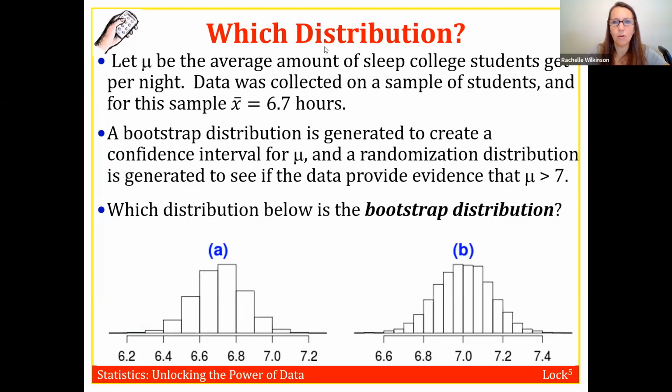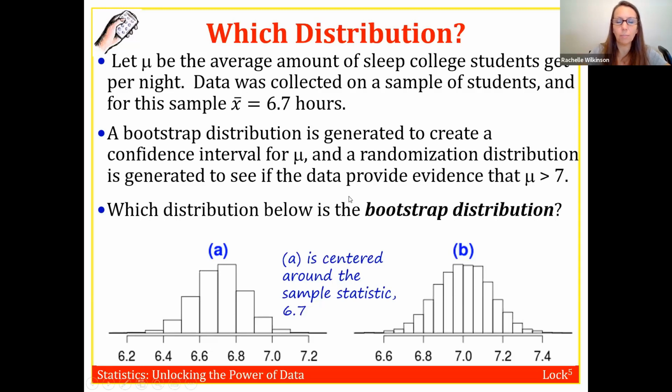All right, I think most of you have voted now. Still about 5 people that haven't voted. So here are the results. It looks like most people chose B. That's actually incorrect. The correct answer was A. So how do we know that A is the bootstrap distribution?